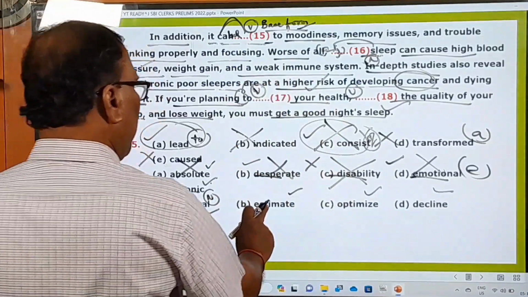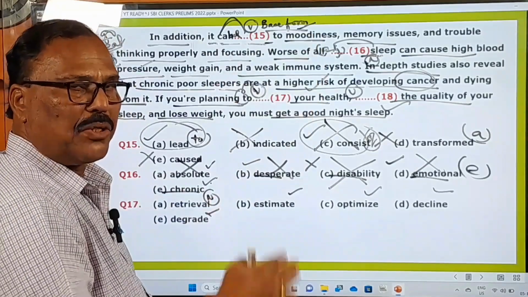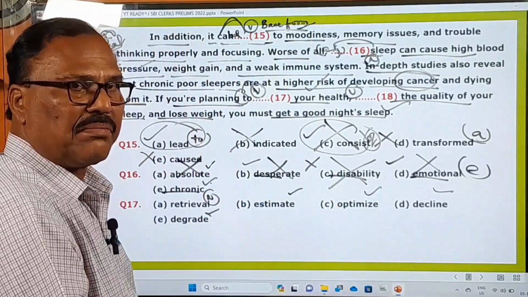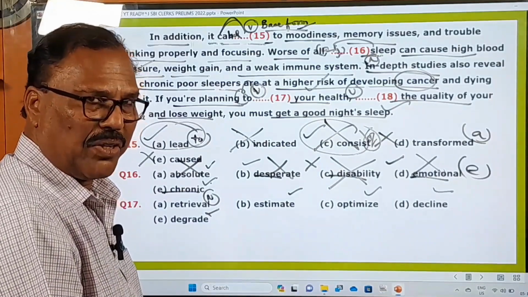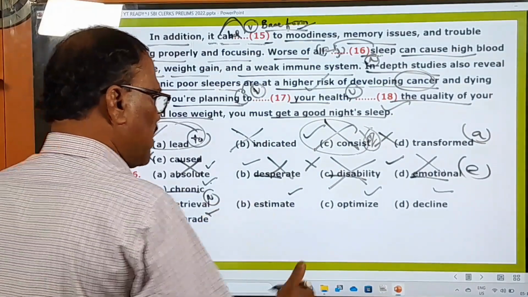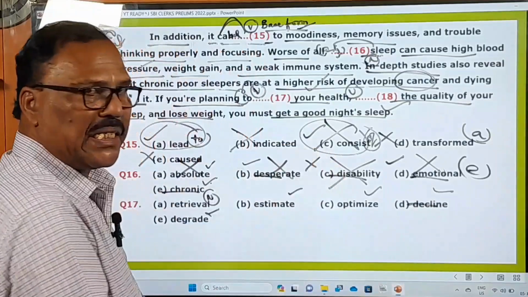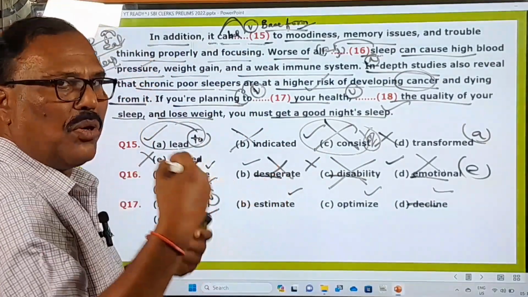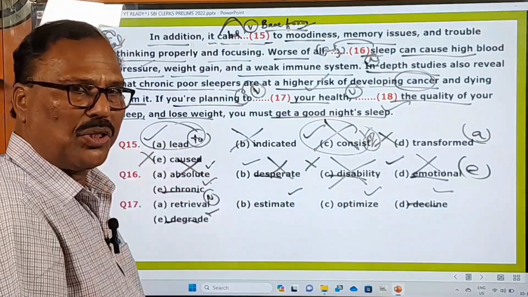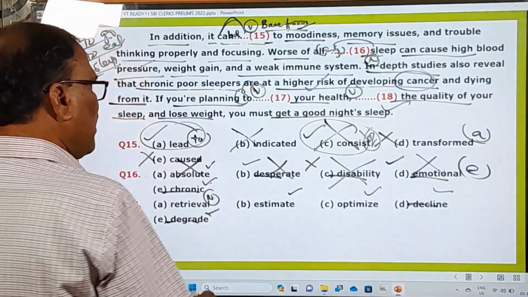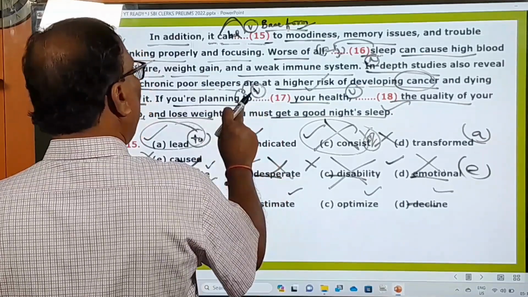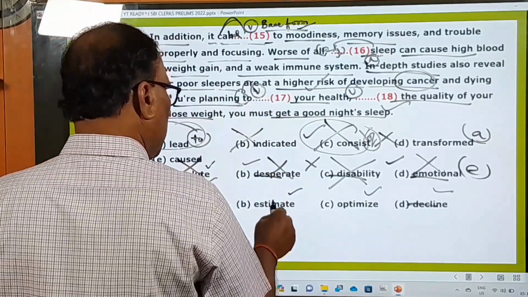Estimate means to assess, to guess. Optimize means to better, to enrich, to make better. Decline means decrease, to downgrade. Degrade means again to downgrade or to demote. So which one goes in this blank? If you are planning to estimate? No.